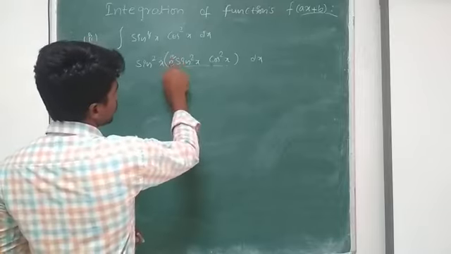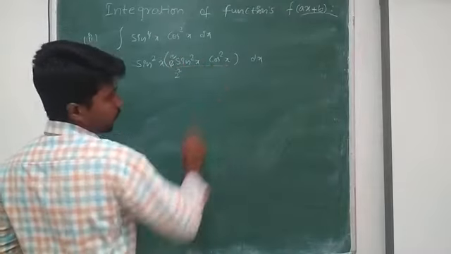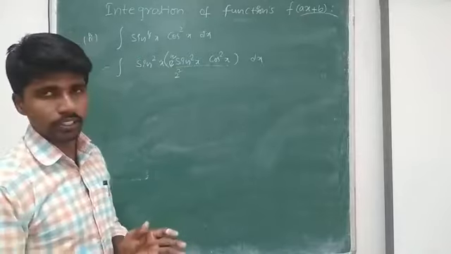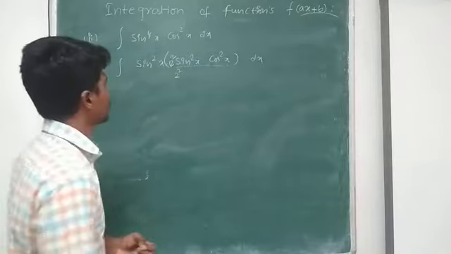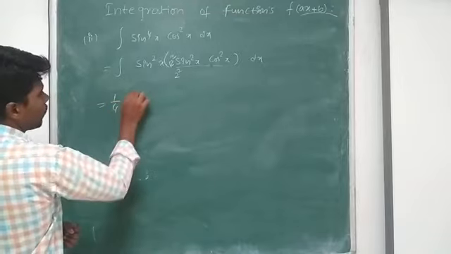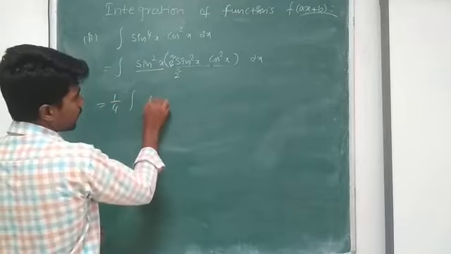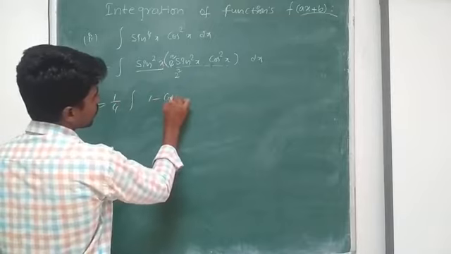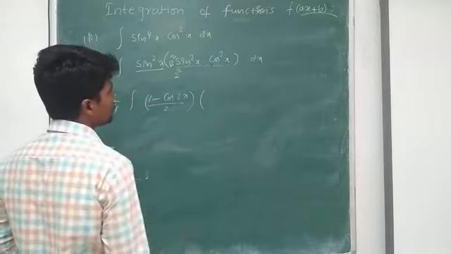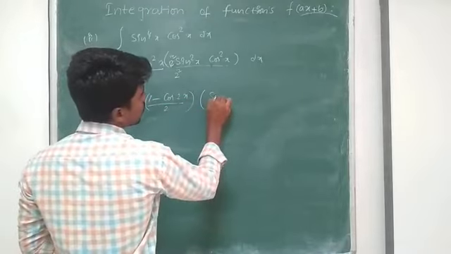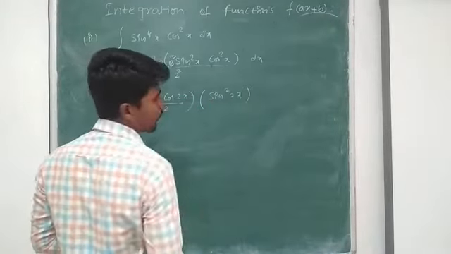Then what I get is 2 square sin square x into cos square x, nothing but 2 sin x cos x whole square. So 2 sin x cos x is sin 2x. So I get 1 by 4 integral sin square x can be written as 1 minus cos 2x by 2 into sin square 2x.